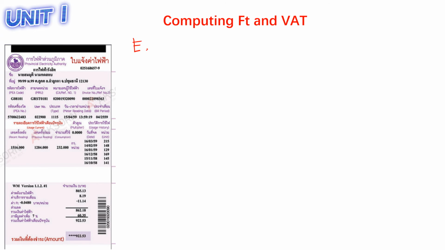So our energy charge is now 865.11. And then what will be our service charge? Our service charge here, in your book, we are still using 8.19. There's not yet an exceeding of 150.